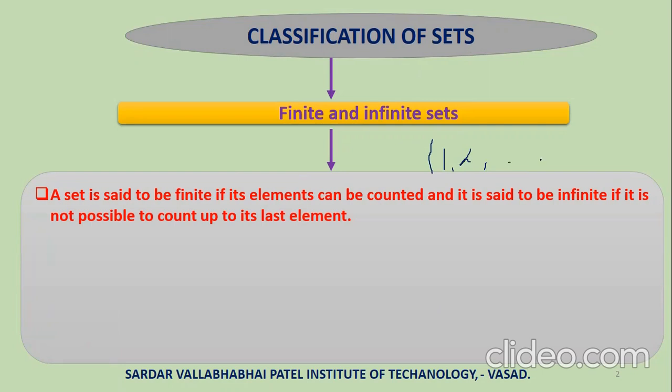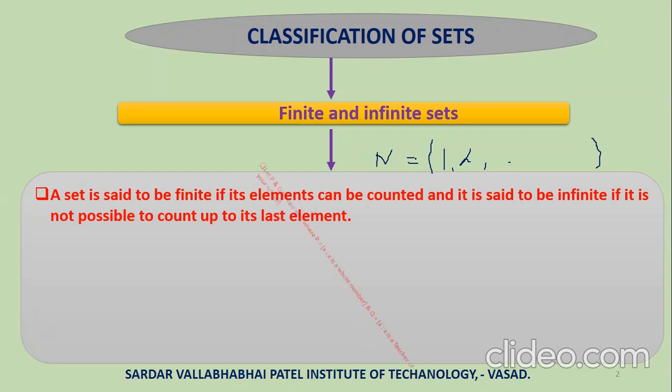But what is the last value? We don't know. So the natural number set, capital N, is an infinite set. So finite means we can count, and infinite means it is not possible to count up to the last element.